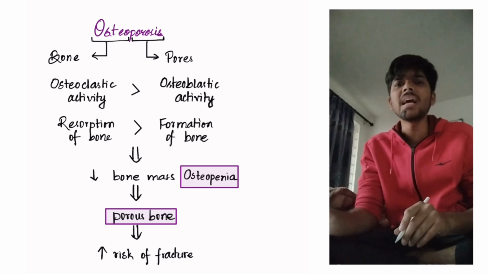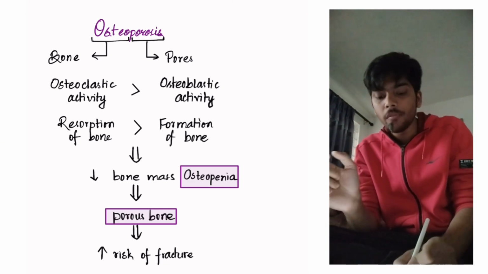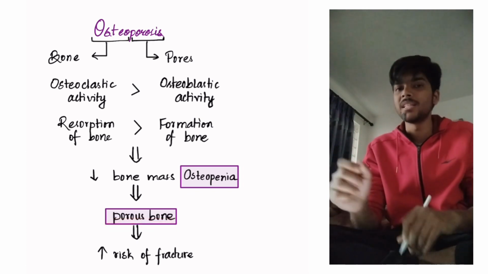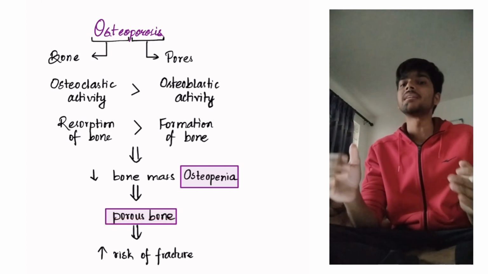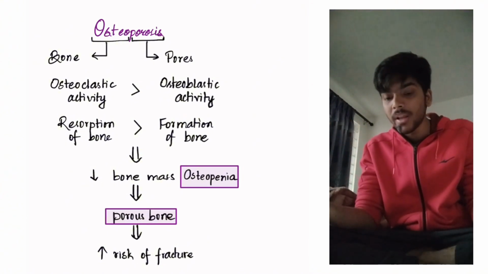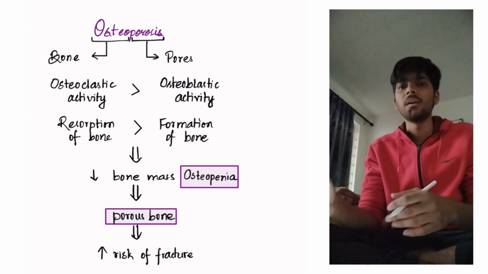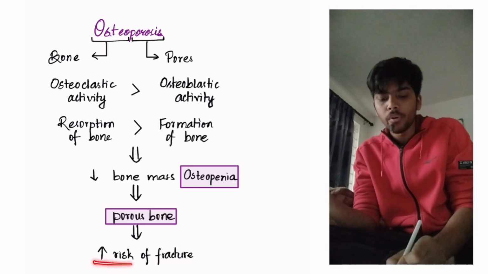If osteopenia worsens a lot, then it may lead to the formation of porous bone, and this is what we call osteoporosis. Once a bone becomes osteoporotic, it becomes very weak and fragile and increases the risk of osteoporotic fracture.